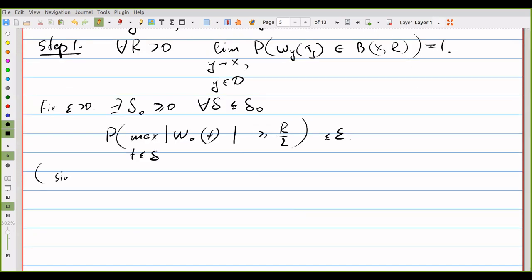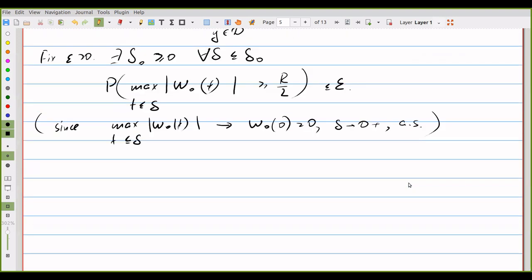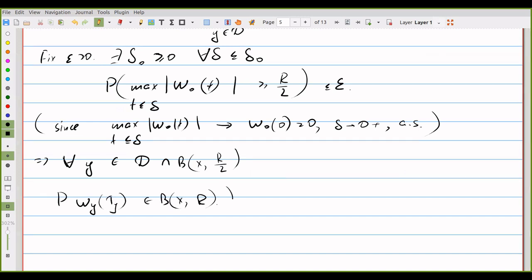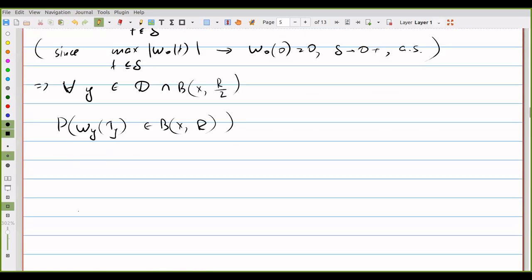This is true since almost surely the trajectory is continuous, which means that for any y that now lives inside of D and doesn't go far away from our point x, the probability we're interested in involves W^y of t minus y.